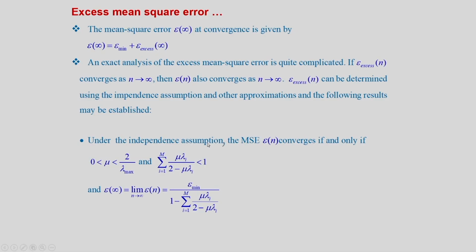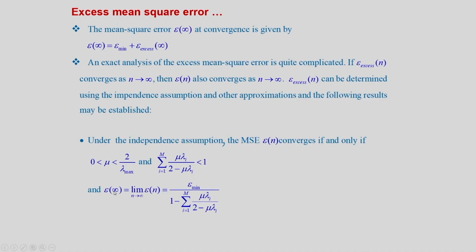Under the independence assumption, the MSE epsilon n converges if and only if mu lies between 0 and 2 by lambda max, and the additional condition that summation of mu lambda i divided by 2 minus mu lambda i, going from 1 to M, is less than 1. Not only this condition is to be satisfied, this condition also is to be satisfied.